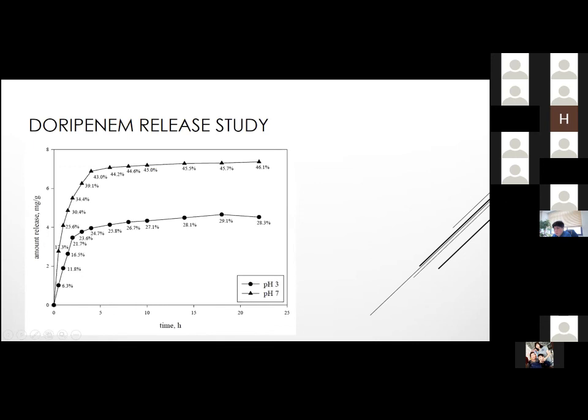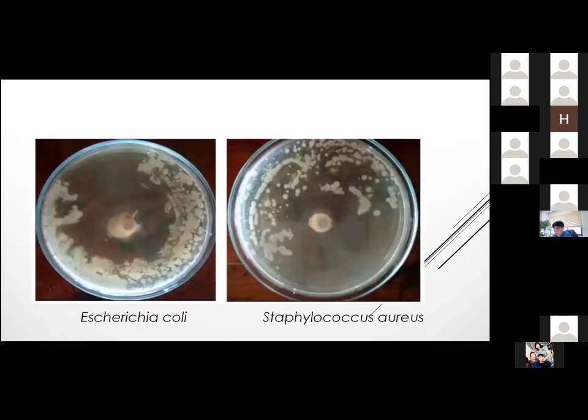And also, in our preliminary result on the antibacterial effect, we see that the alginate bentonite composite, of course, it contains doripenem, has quite good antibacterial activity against these two tested bacteria, which are E. coli and Staphylococcus aureus.